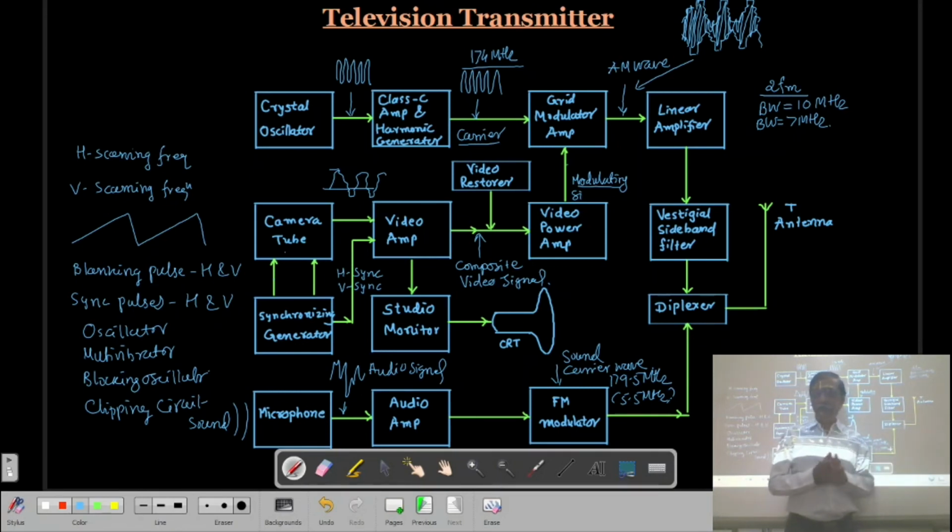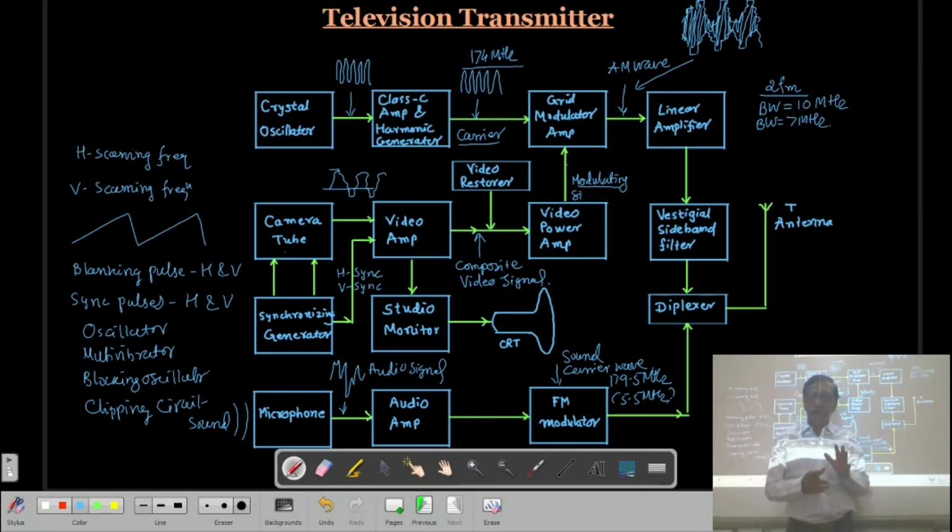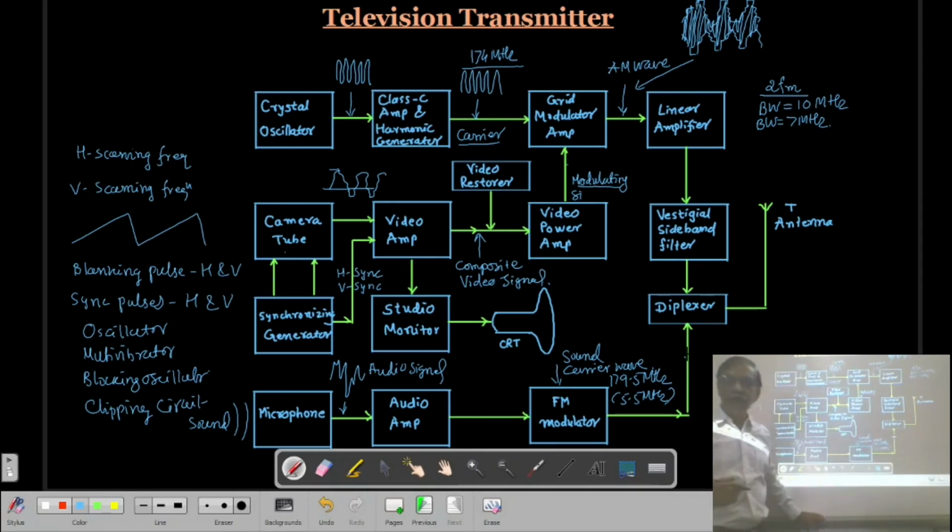The diplexer unit is designed in such a way that it is balanced, so that between the picture carrier frequency and the sound carrier frequency there will not be any interference. Why do we require the diplexer? Because we have a common antenna, but two pieces of information have to be transmitted, so there should not be any interference between both carrier waves.